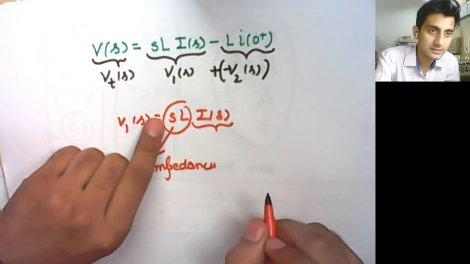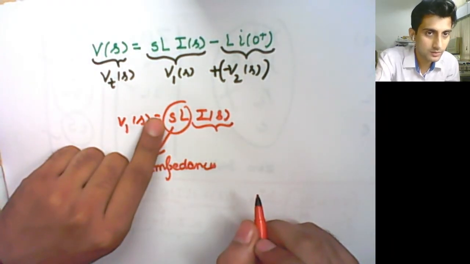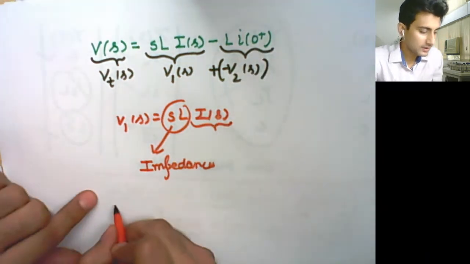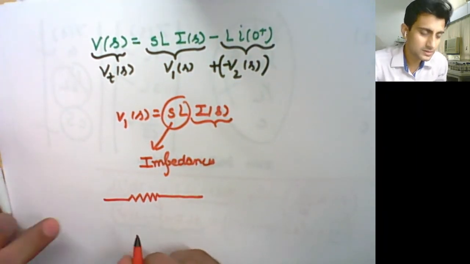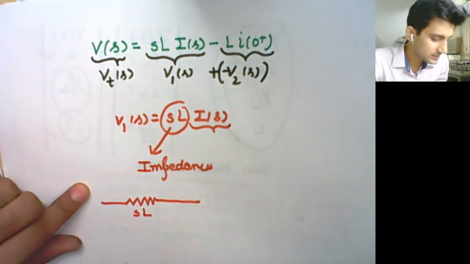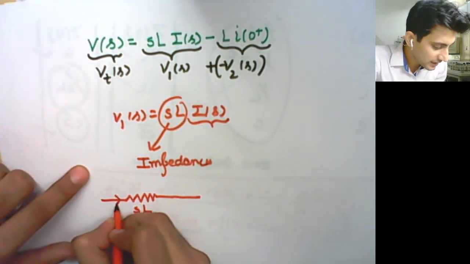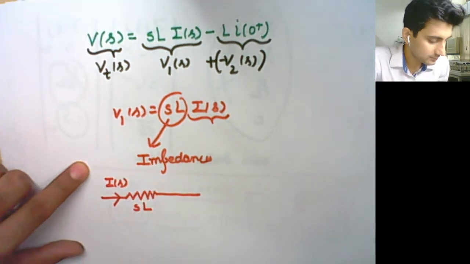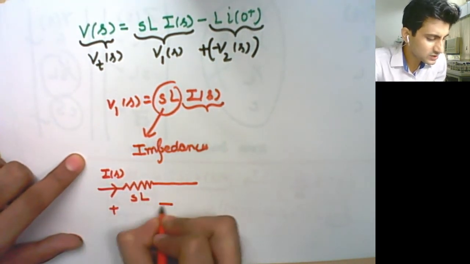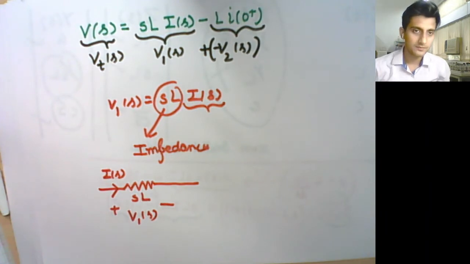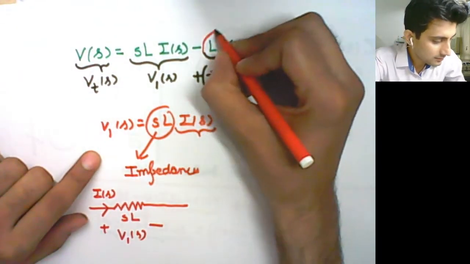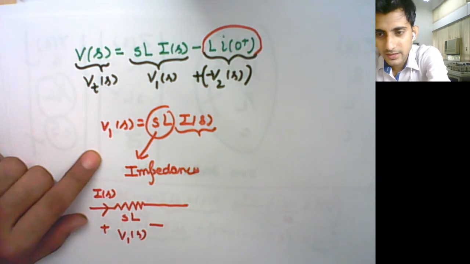This should be impedance. That is true. Fine. So it is as if I have an impedance of value LS through which a current Is is flowing. And this gives me a voltage V1S. It is as is. Fine. And this particular thing we will consider.